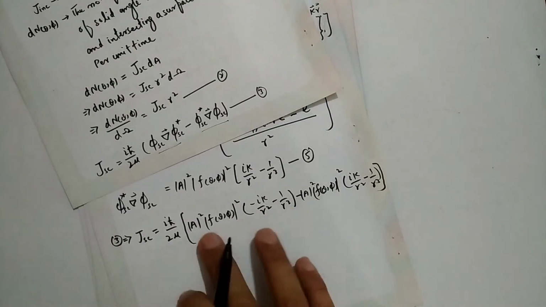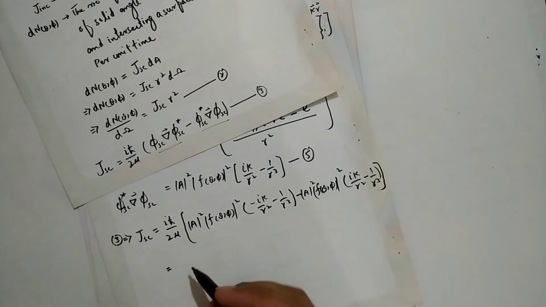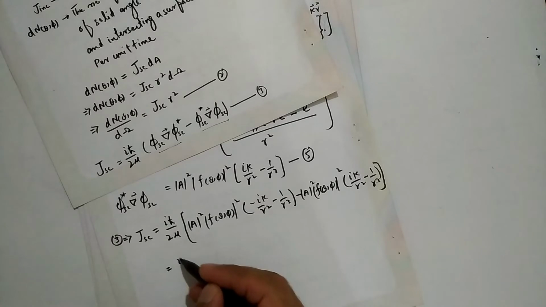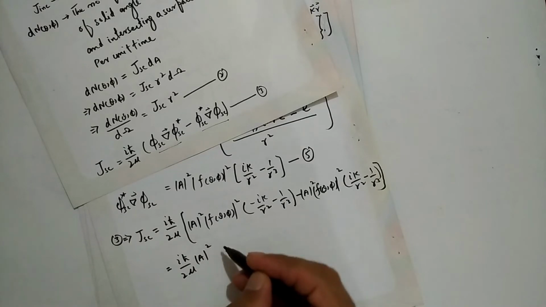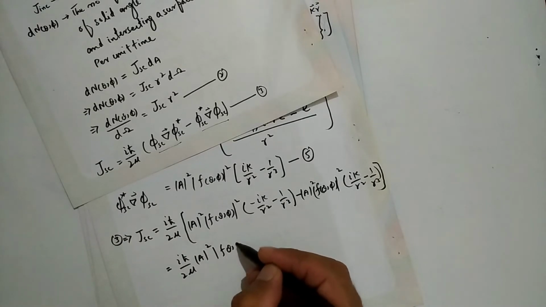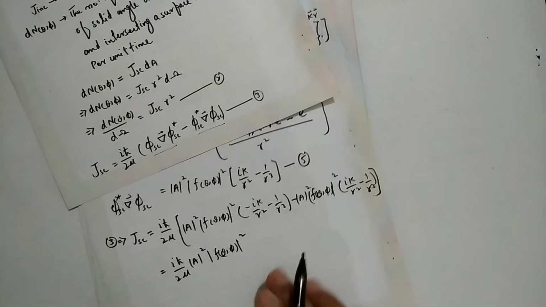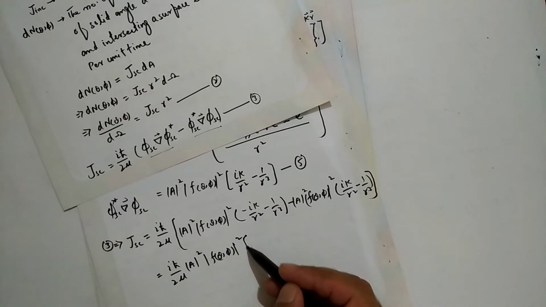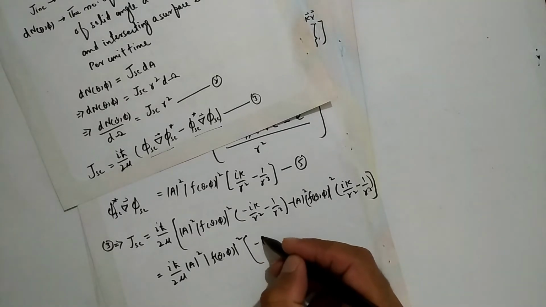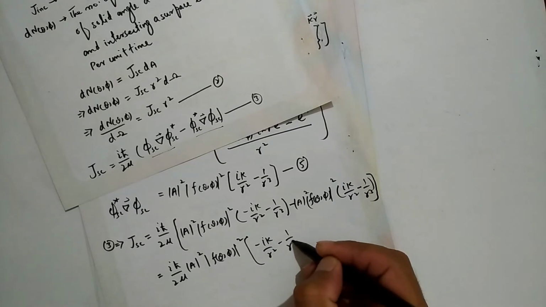Take these two terms out of the bracket, so it will be i h cut divided by 2 mu into A mod square f of theta phi mod square, and here we will be left with minus ik divided by r square minus 1 over r cube.